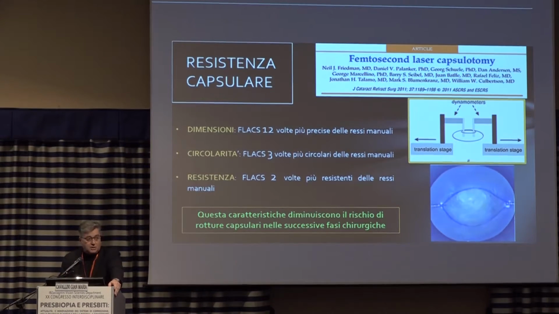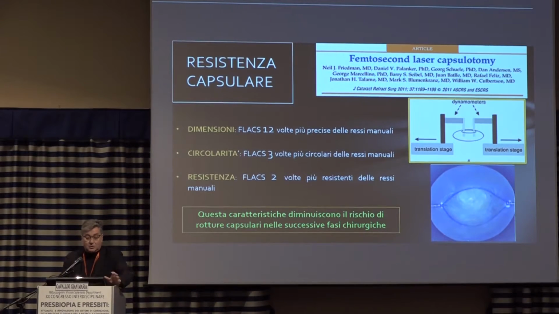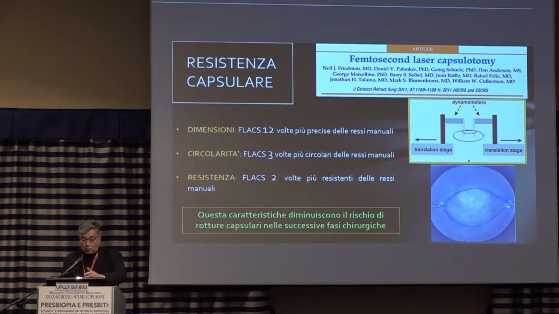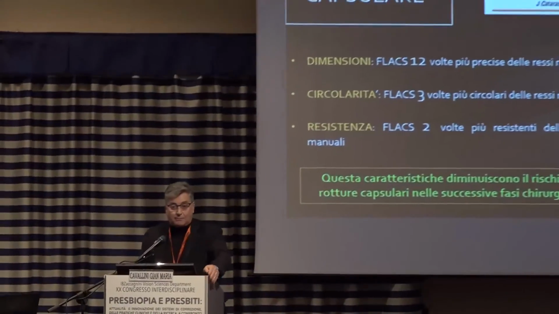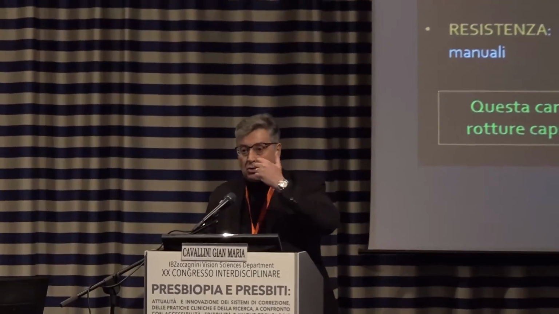So when you put in a lens, the capsule might break. In 2011, this very interesting publication showed the resistance of the capsule using a dynamometer. They tried to pull the capsule, and they found that, in fact, capsules made with femtolaser are twice as resistant as with the manual procedure.